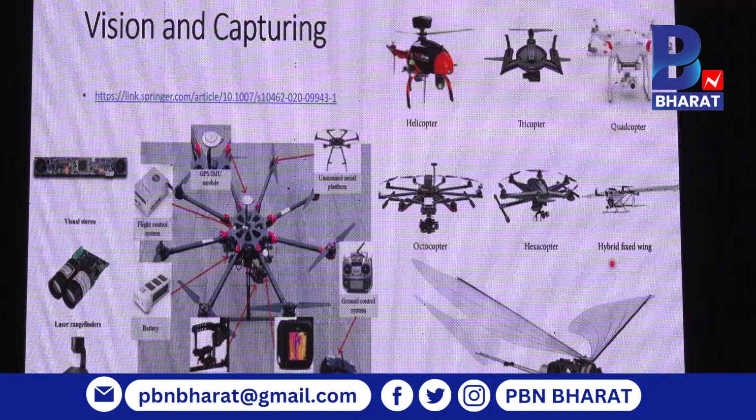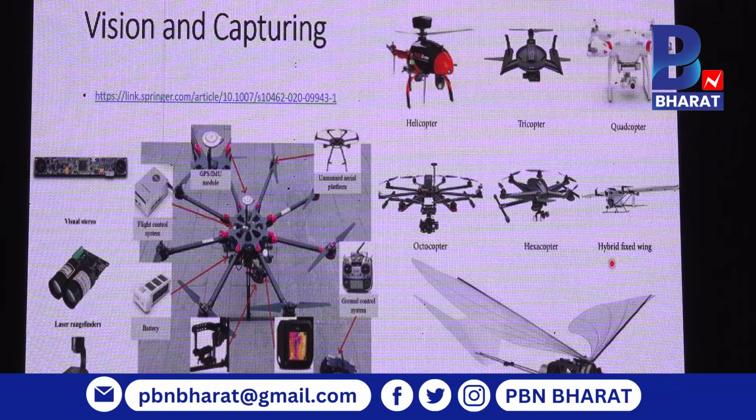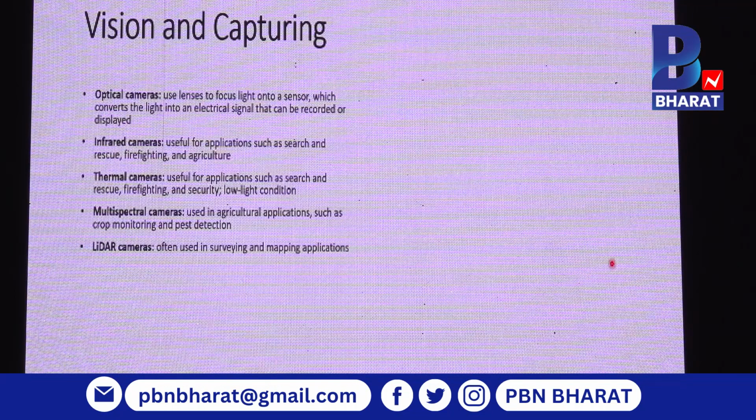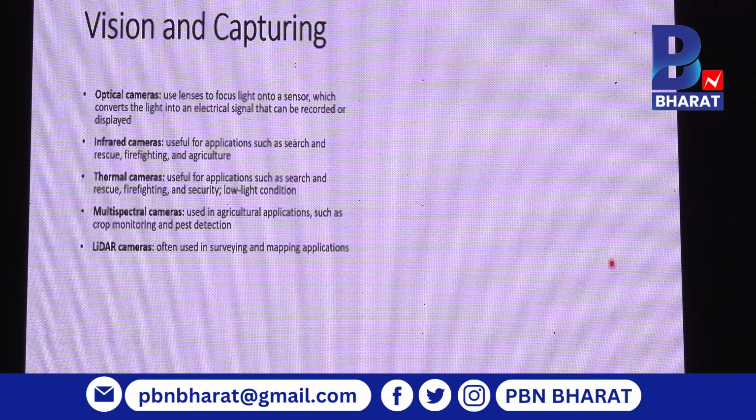Right. So whenever we have these things, we have some kind of sensors. Since I'm talking about vision, we have stereo vision sensors, laser sensors, and monochromatic sensors used for different tasks like agriculture. These sensors can be used for optical cameras, infrared cameras, thermal cameras.